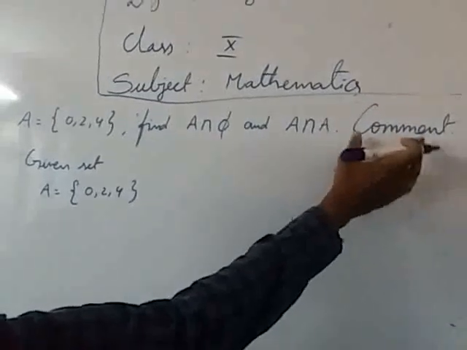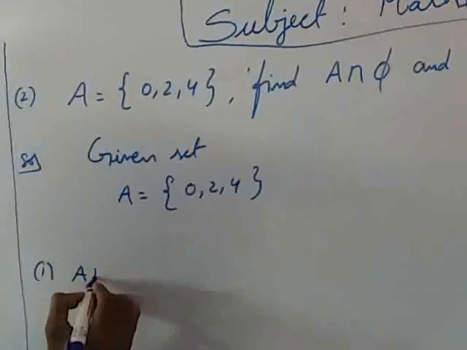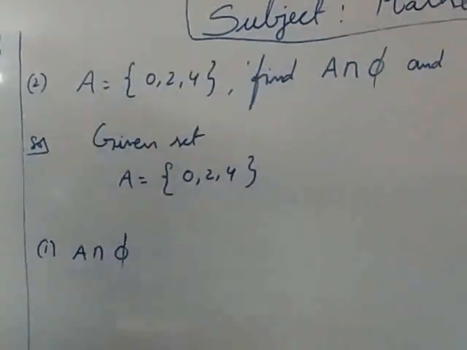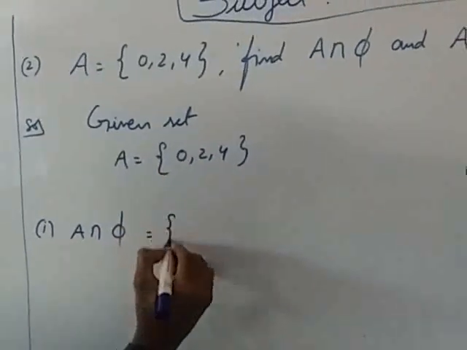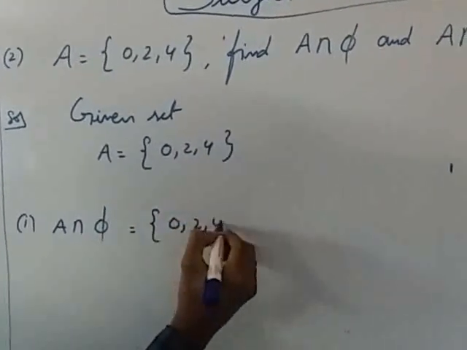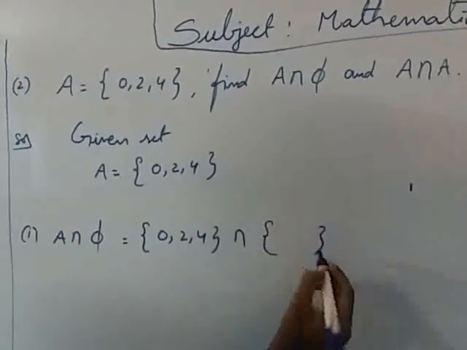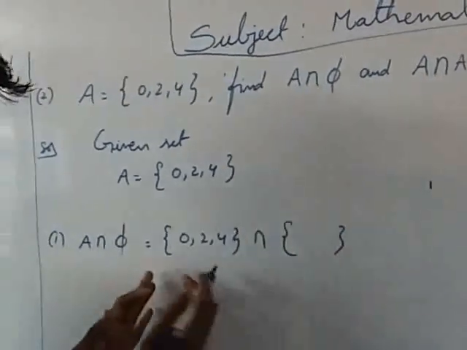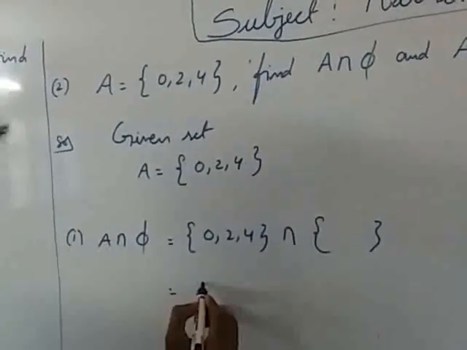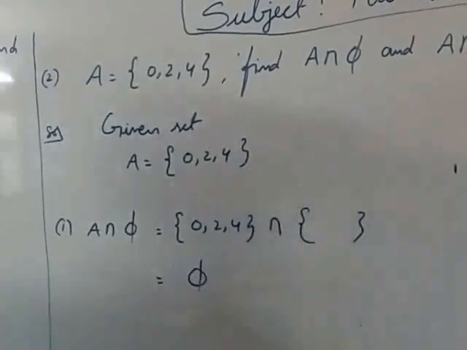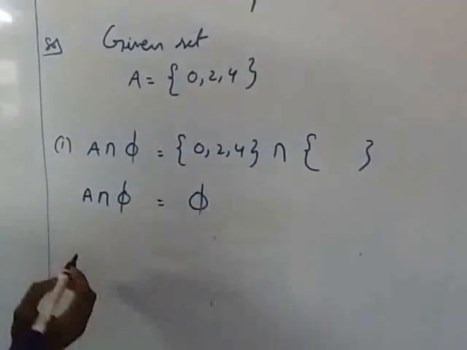First, A intersection phi. A contains 0, 2, 4 and phi means null set, the empty set with no elements. So which are common elements here? 0, 2, 4 versus no elements, so finally we can say phi only. Therefore A intersection phi equal to phi.